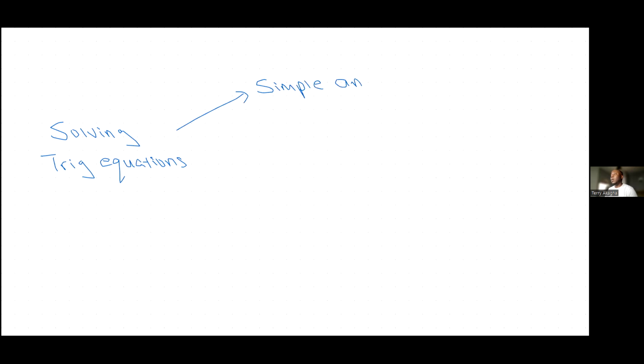And we'll be talking about how to solve multiple angles as well.